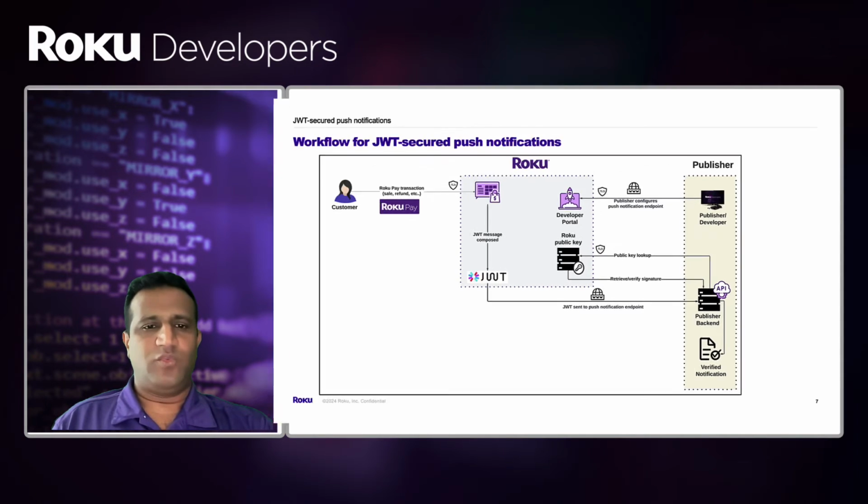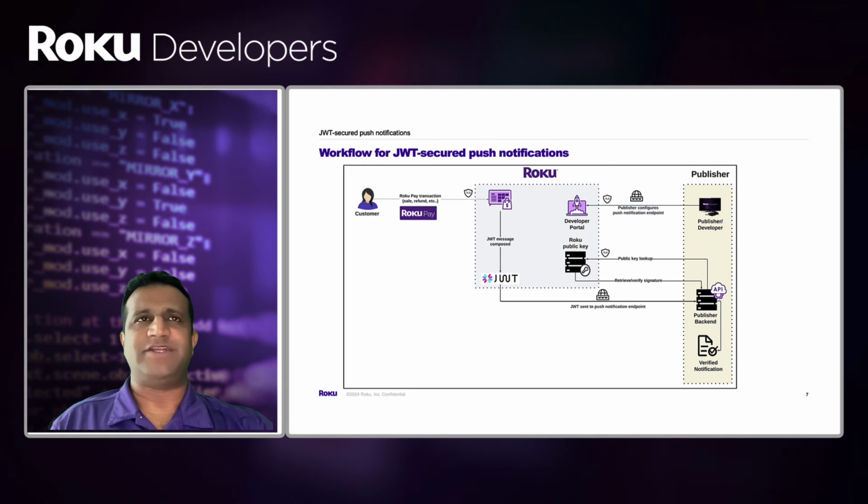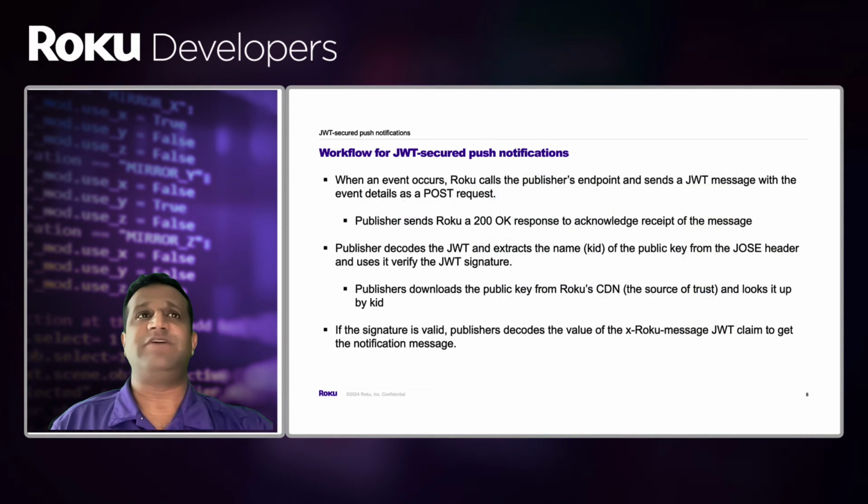When a customer places their sale, or when they issue a cancellation, we expect that the partner sends that order to Roku Pay, and we process those events, and then we compose the event and the transaction, not really the full transaction. We will have the event details wrapped inside the JWT and publish it to your endpoint.